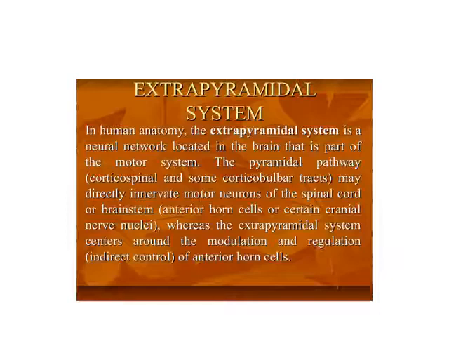So we have two systems or two pathways that control the motor activity of the body. We have the pyramidal pathway, which directly innervates the motor neurons, and we have the extrapyramidal pathway that modulates and regulates the anterior horn cells.